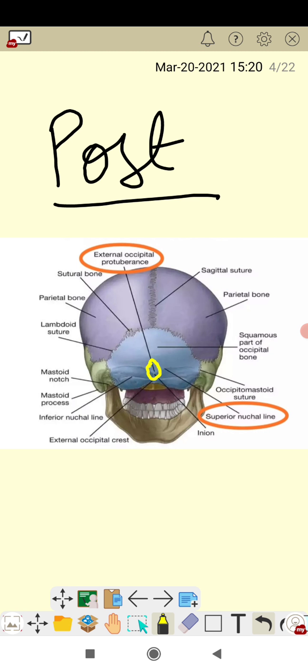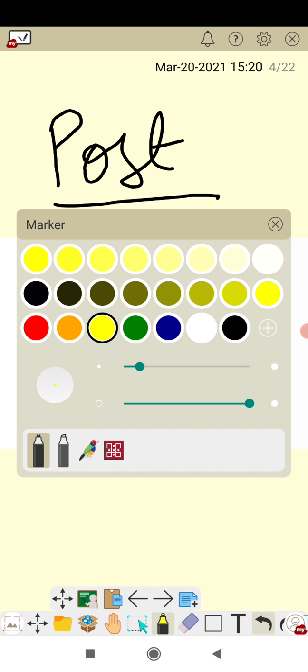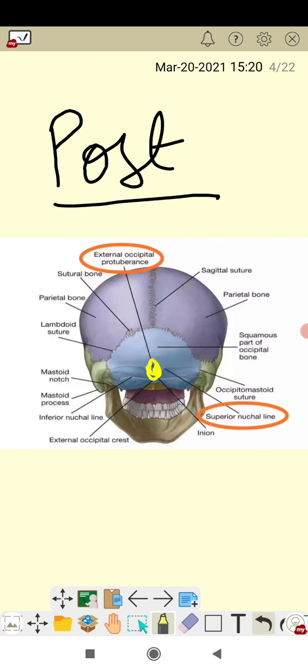This is external occipital protuberance, and these are the superior nuchal lines.